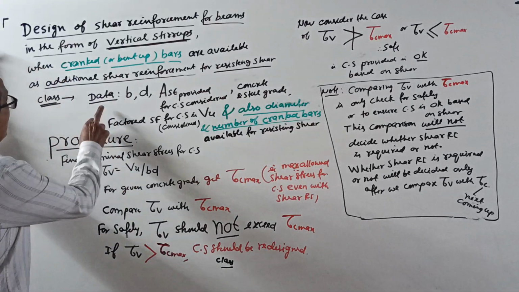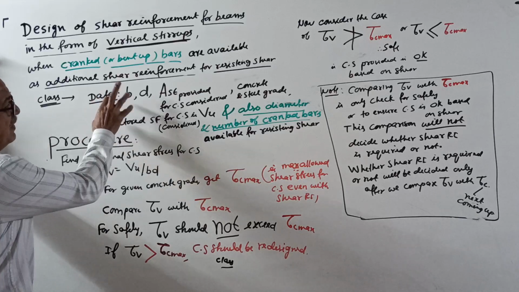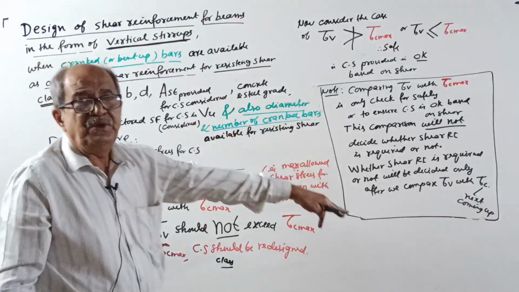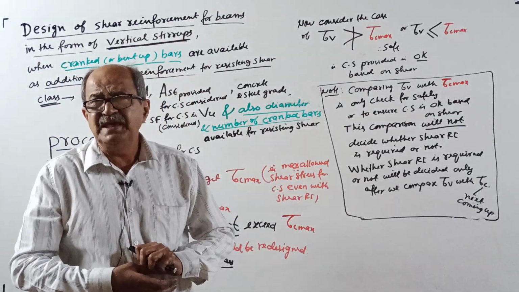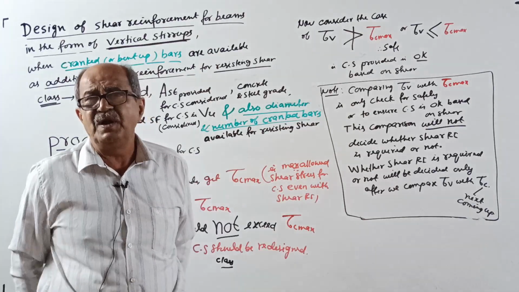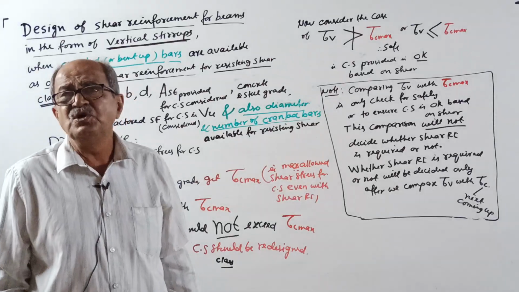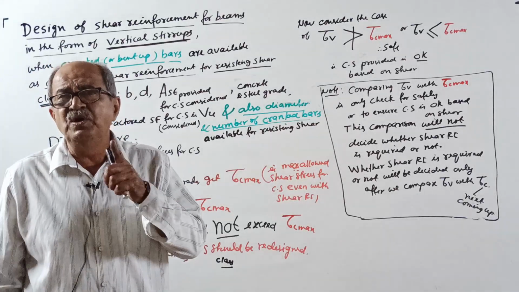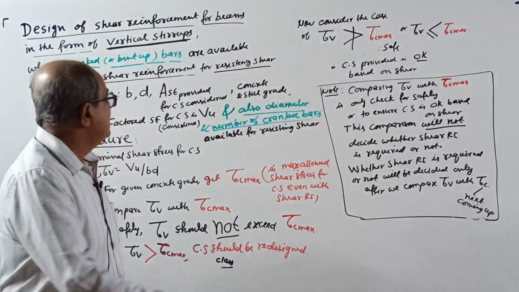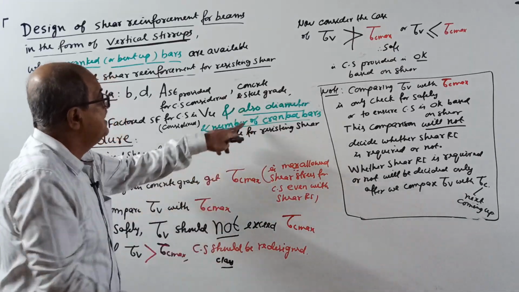Okay, start. Data. I will tell one thing. Till one particular stage, the procedure is the same as the previous part for vertical stirrups. This colored part will come only when shear reinforcement is required. So till you decide shear reinforcement is required, you never bother about this green color one.